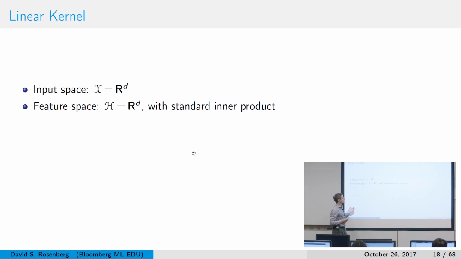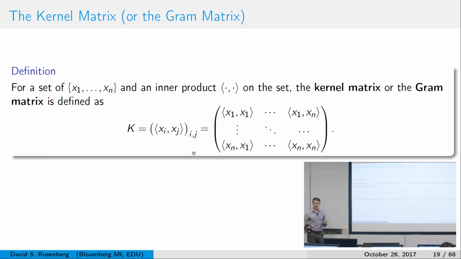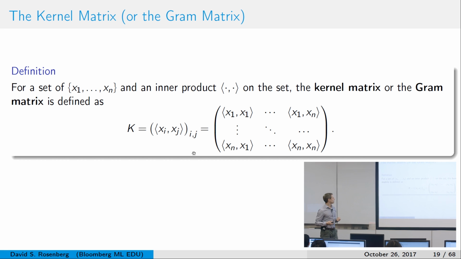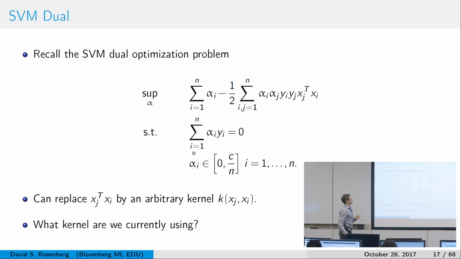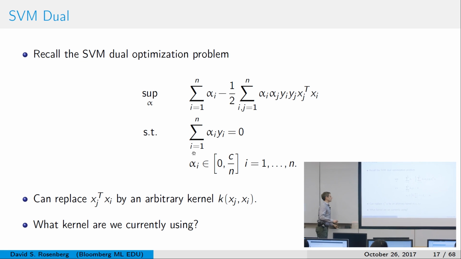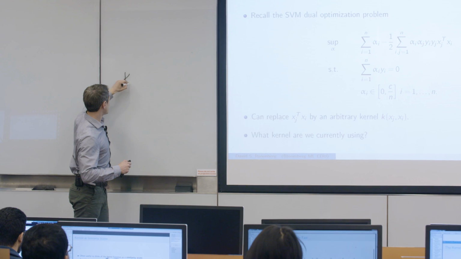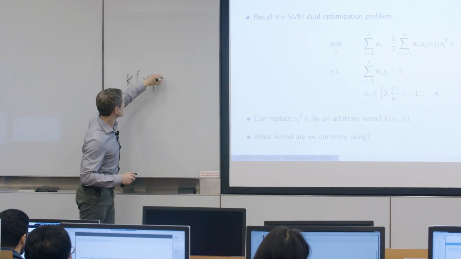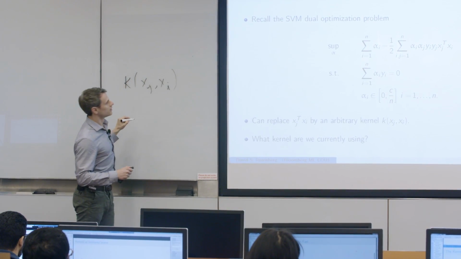If we wanted to actually work with kernels, it usually makes things much easier to introduce what's called the kernel matrix. So if we look at the SVM formulation, we're going to replace xj transpose xi by k(xj, xi).